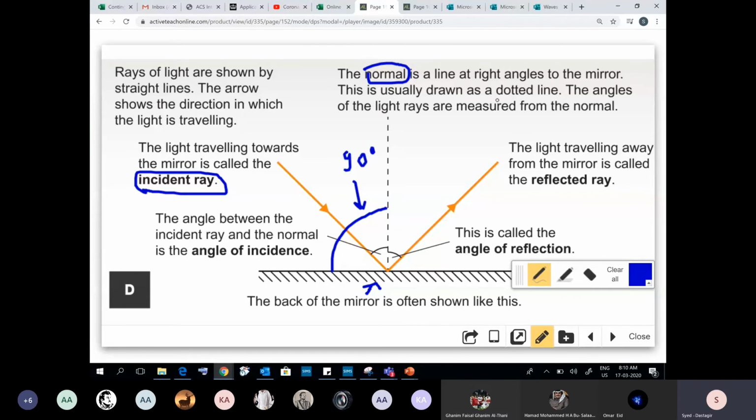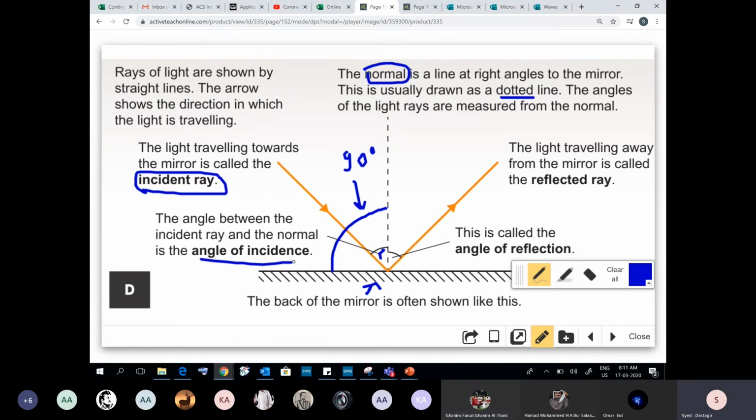This is usually drawn as a dotted line, as you can see, dot, dot, dot, dot, dot. These angles of the light rays are measured from the normal. So, as you can see here, the angle of incidence. Incidence, we said, is the initial ray of light from our source. And this is the angle of incidence here, this one.